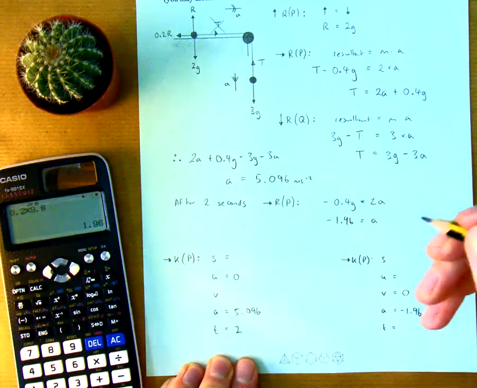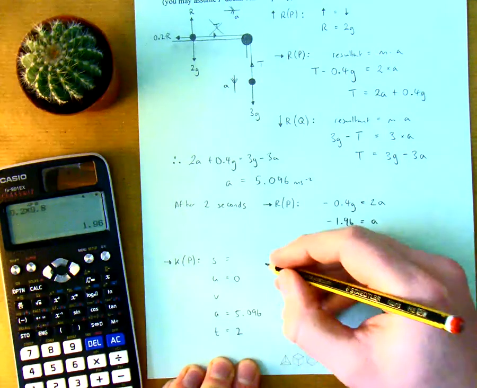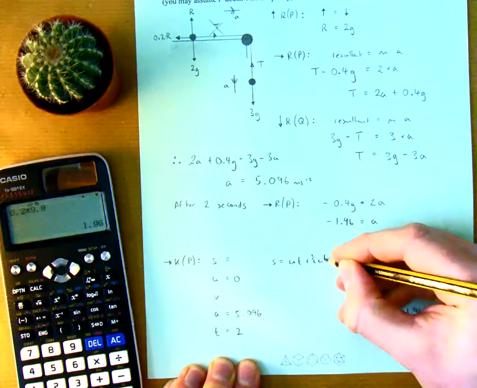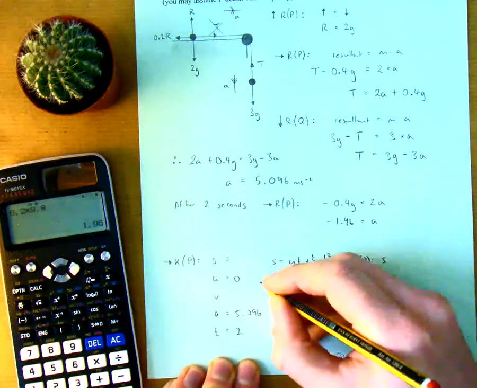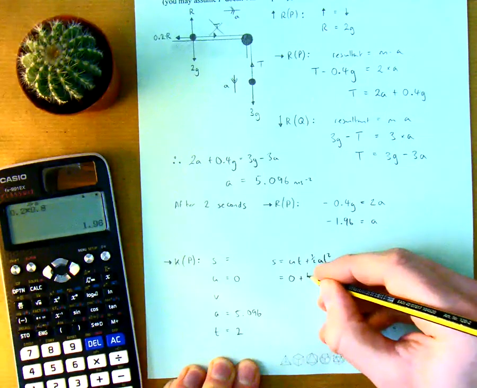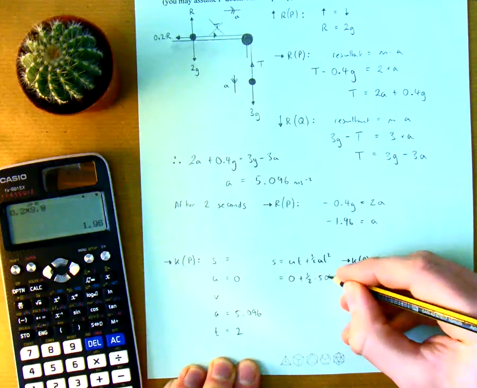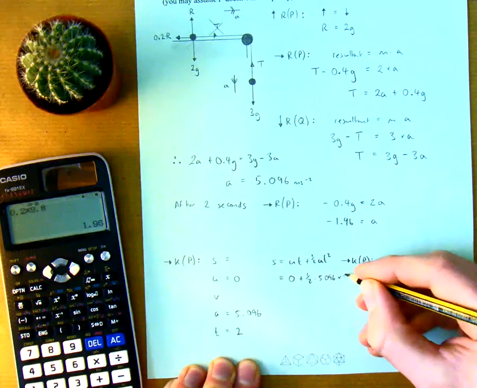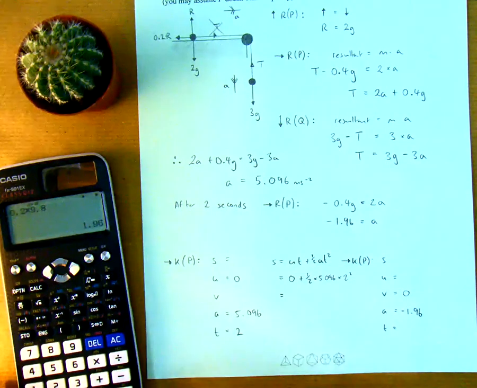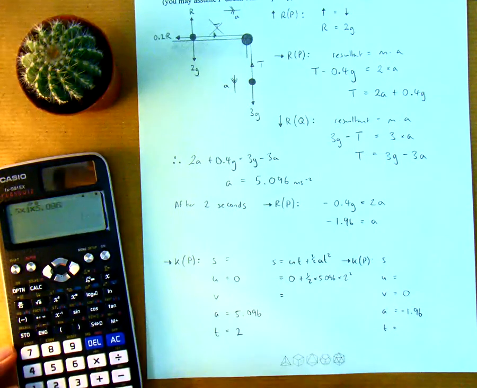So let's work out S in the first part, which we're going to use: S equals ut plus half at squared. S is going to equal 0t plus a half times 5.096 times 2 squared, which is 0.5 times 4 times 5.096.